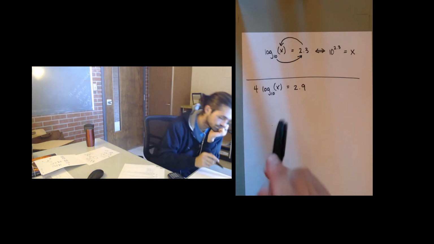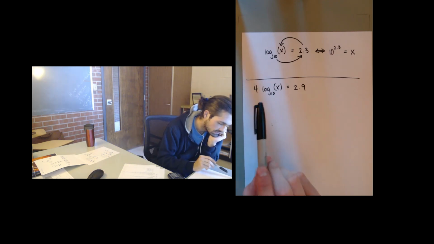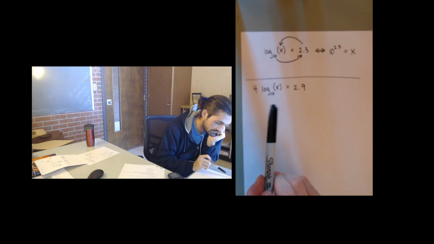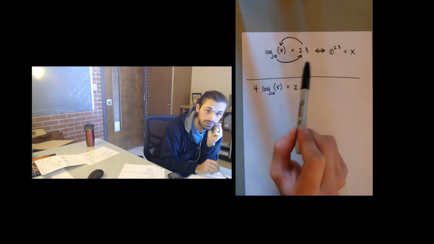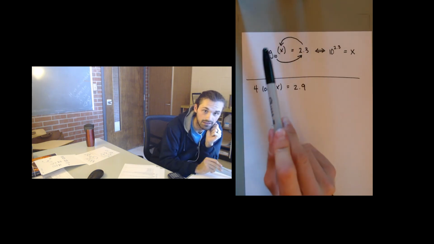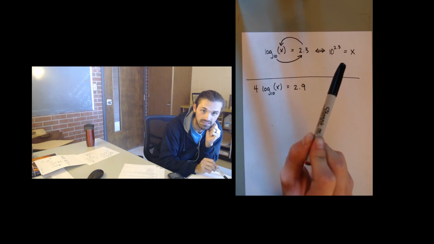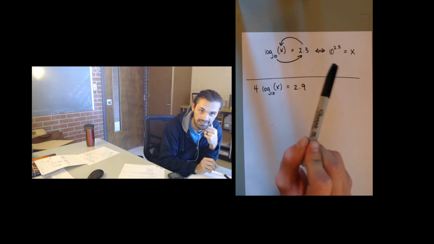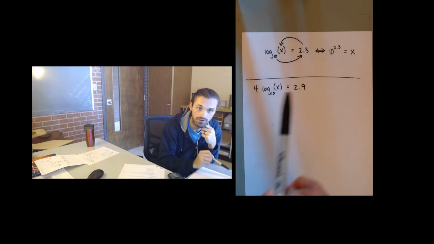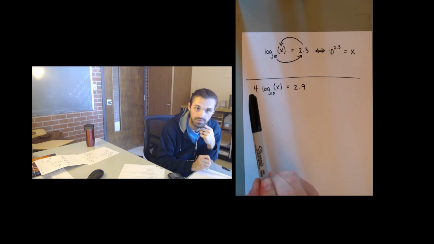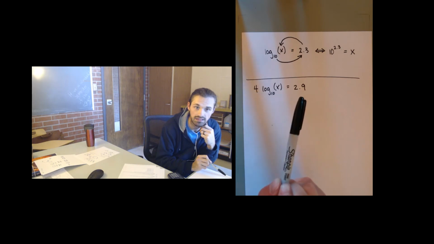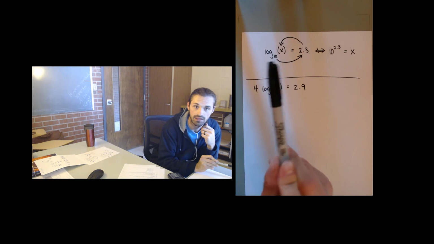So, it would be nice to utilize this approach in rewriting the logarithm in terms of the exponential statement. However, this 4 is kind of gumming up the gears. So let's move this 4 to the other side of the equation, and then we can apply this rule.